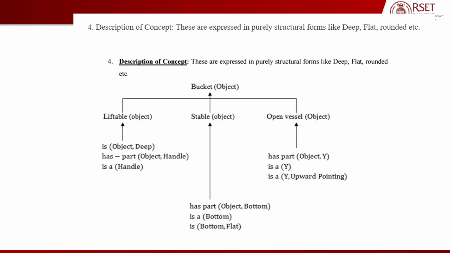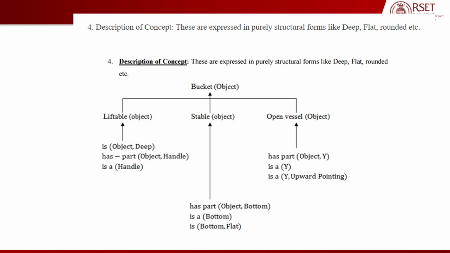So this diagram shows the structural description of a concept called bucket, right? In the previous slide, we understood that if B is liftable, stable, and an open vessel, then B is a bucket. Likewise, the bucket is defined using three main properties: liftable, stable, and open vessel. If it is stable, it has a flat bottom.